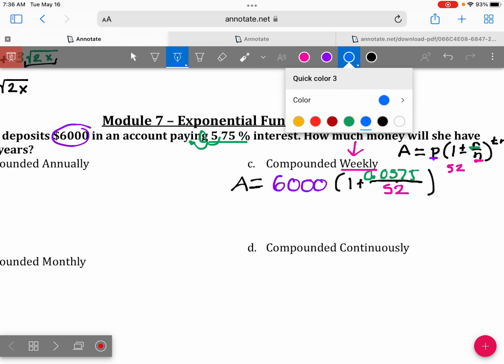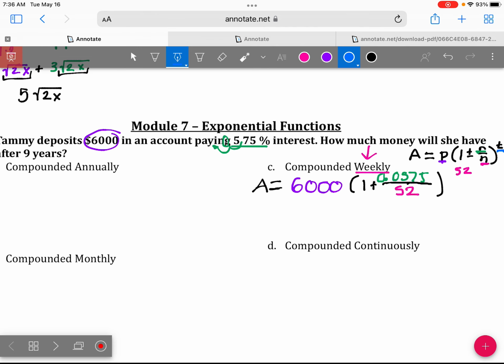We have one last piece we need to fill in here. That's our T. And they tell us that up here. T is 9. So they give you all the pieces to fill in this formula. We just have to be able to find them.